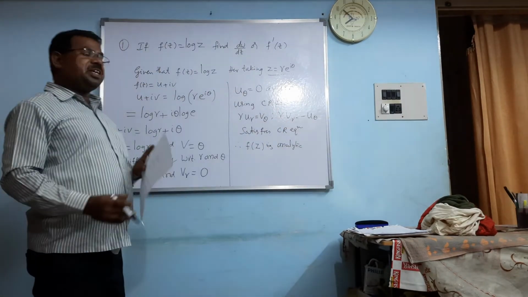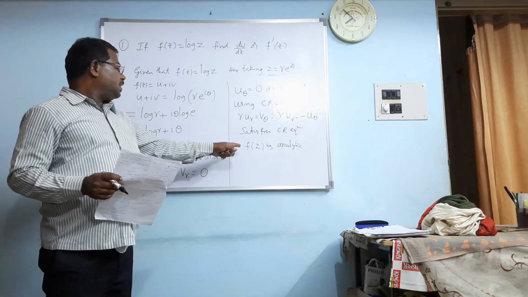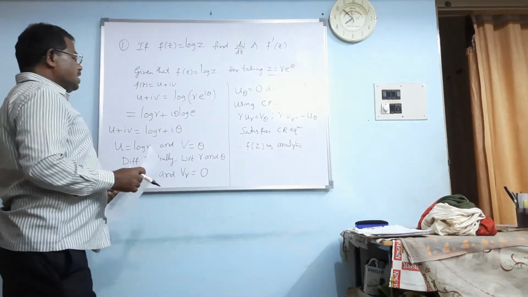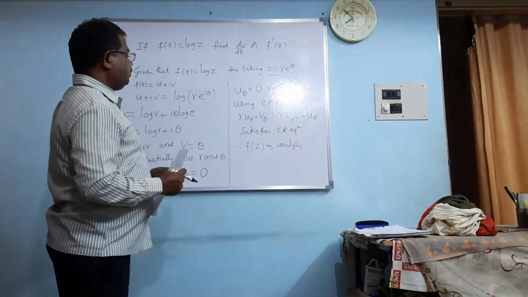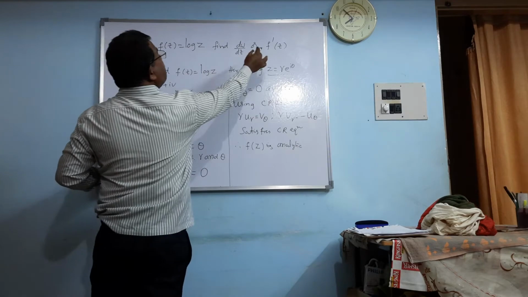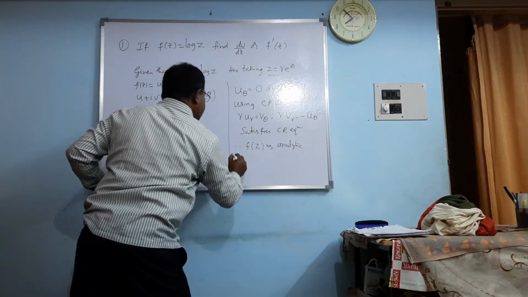What does analytic mean? It is differentiable and the derivative exists. And the next part is to find its derivative, that is f dash z.